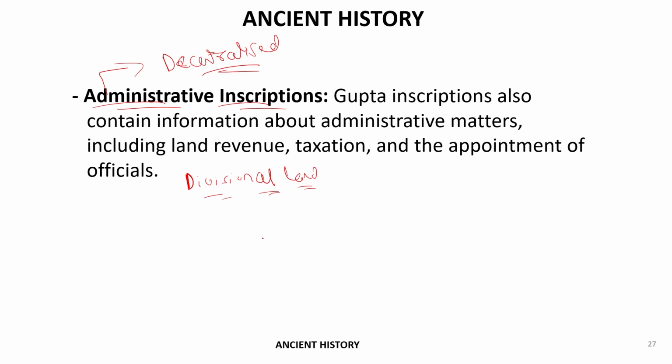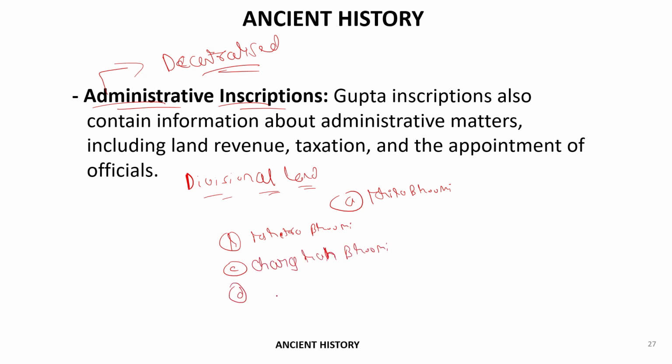These categories are, first, Kila Bhumi, second, Kshetra Bhumi, third, Chargaha Bhumi, fourth, Aprahata Bhumi, and fifth, Vastu Bhumi.